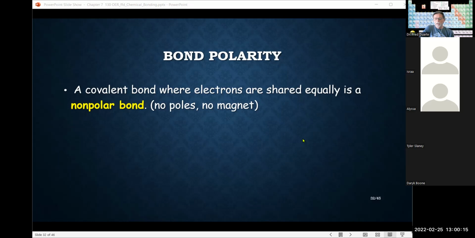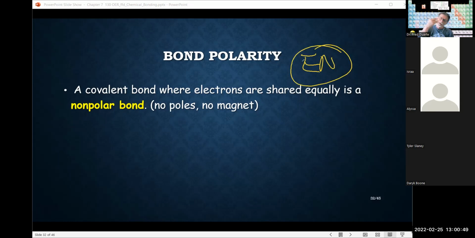Okay, so we have a covalent bond, and recall that by definition a covalent bond is the combination of two nonmetals. Now, refresh your memory on what we talked about with EN, electronegativity.